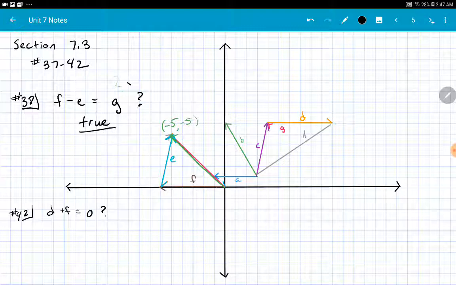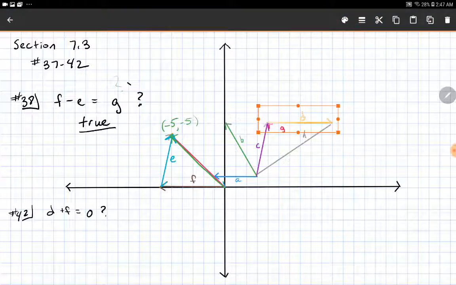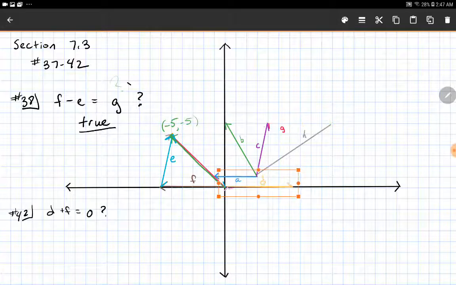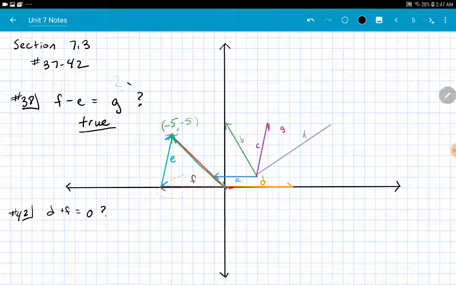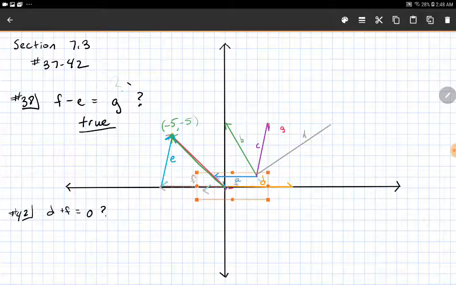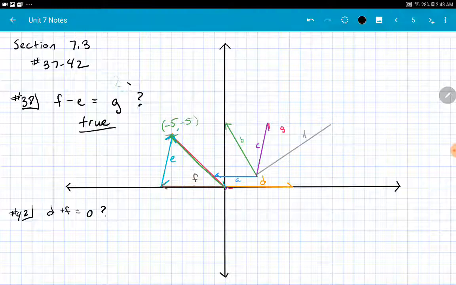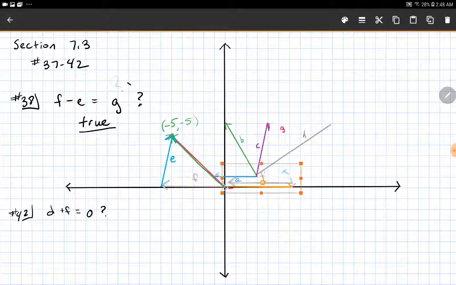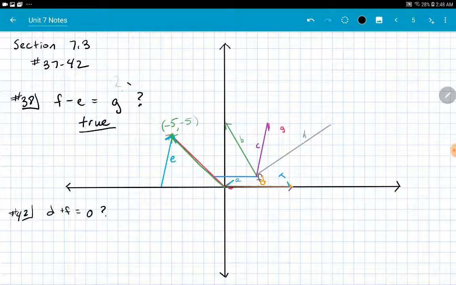So for 42, looking at D here, if I start with D and add on F, that means I start at the terminal side of D and add on F. There we go. I start at the terminal side of D and I do end up right back on the origin. So they cancel each other. So yes, that one is also true.